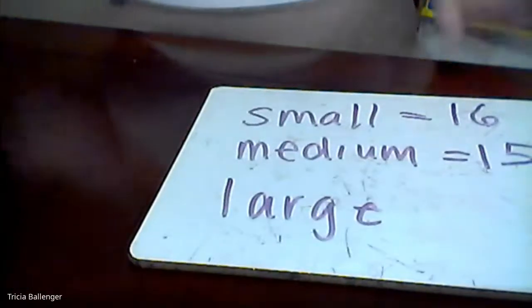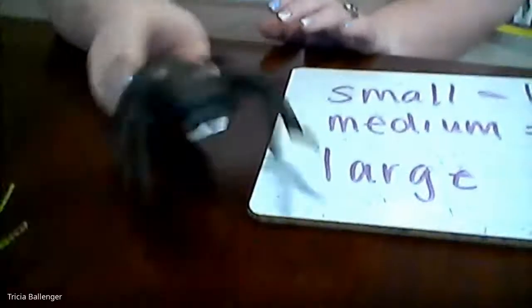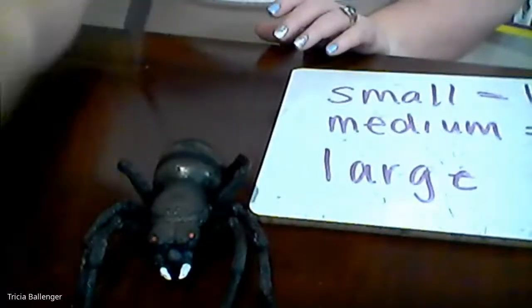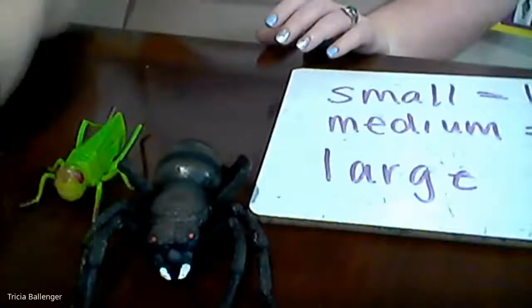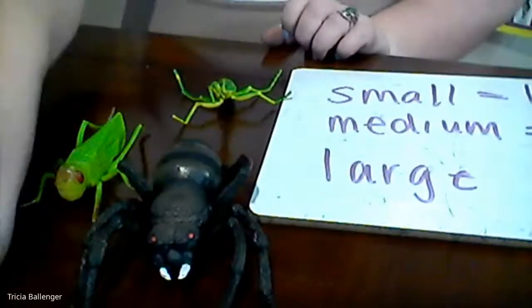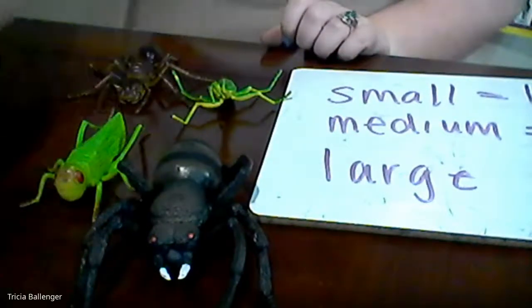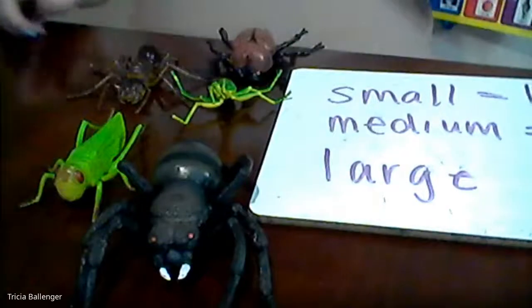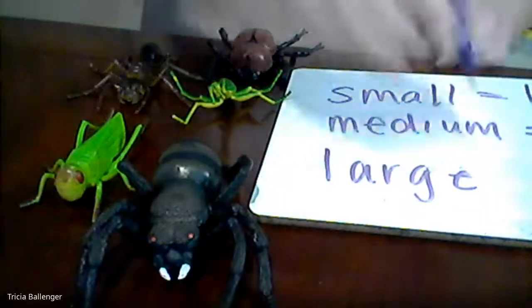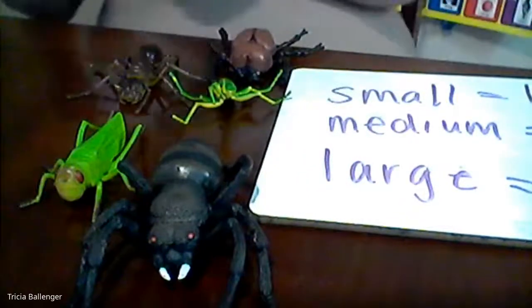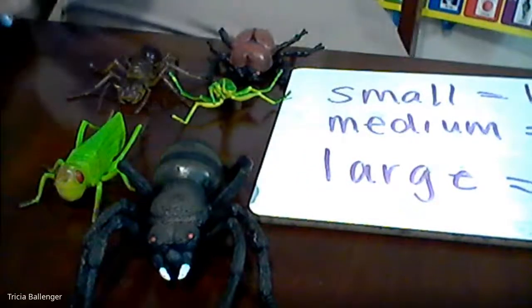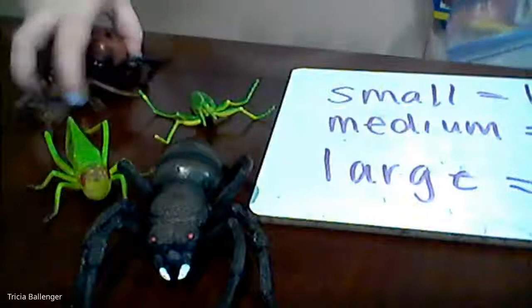And now we're going to count the mumbo jumbo ones. Are you ready? 1, 2, 3, 4, 5. So we have 5 large. So we have sorted these in lots of different ways.